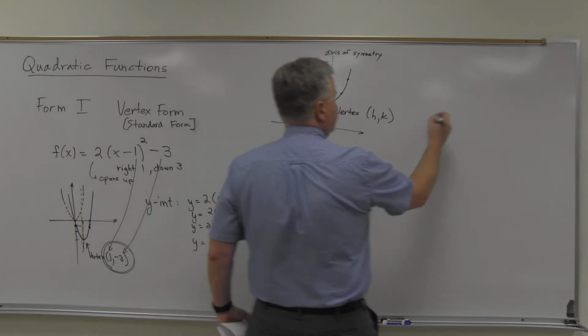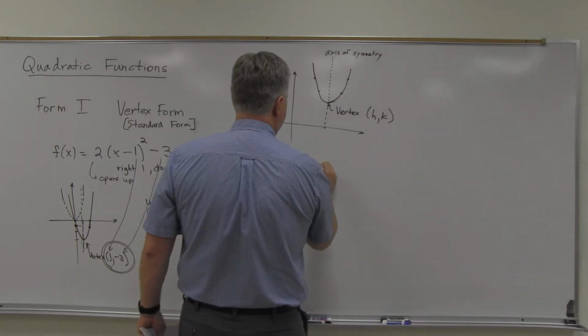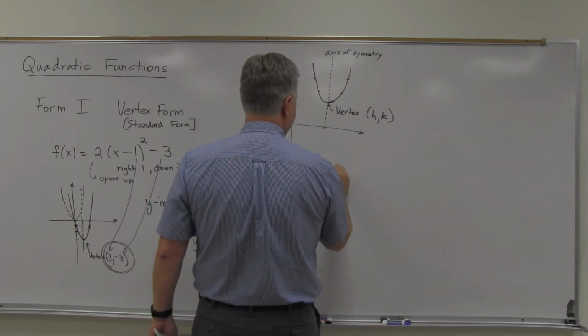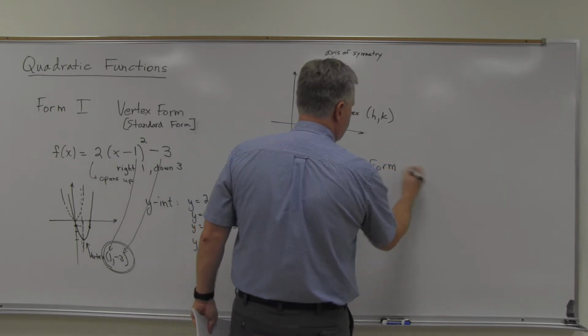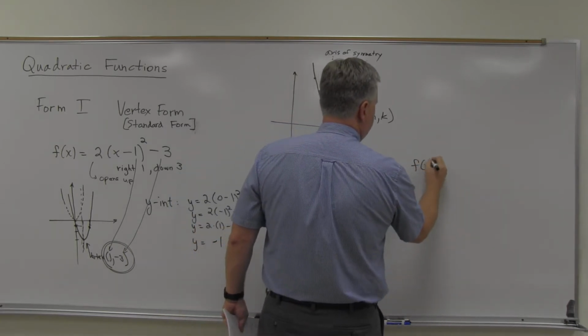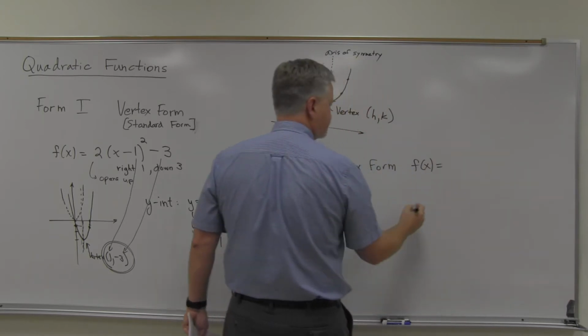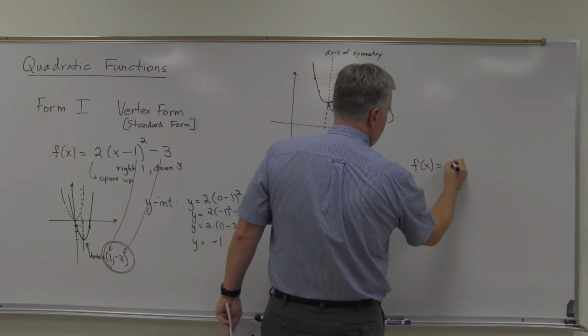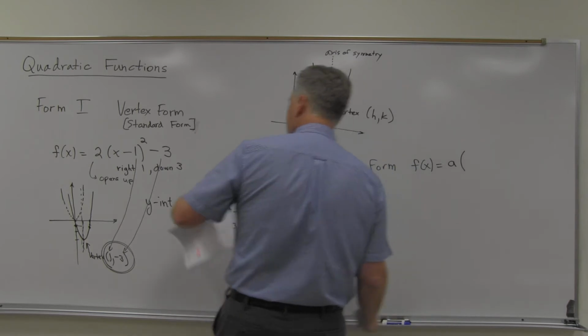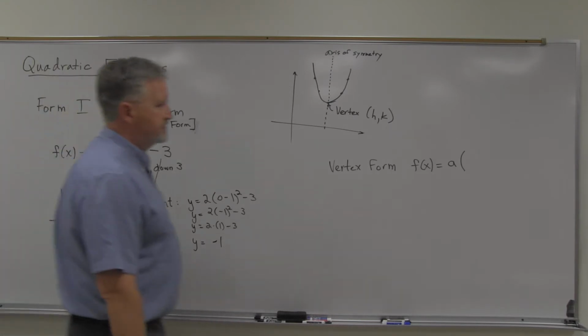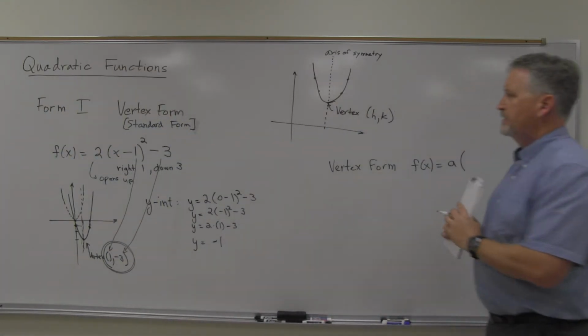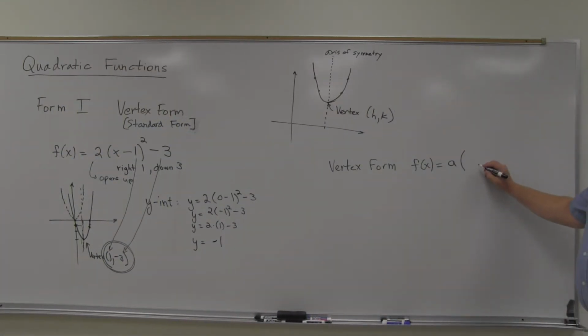So here's the general form of vertex form. f of x equals, like I said, we're going to call this number in the front A. In this case it was 2. We'll see that number pop up several times.